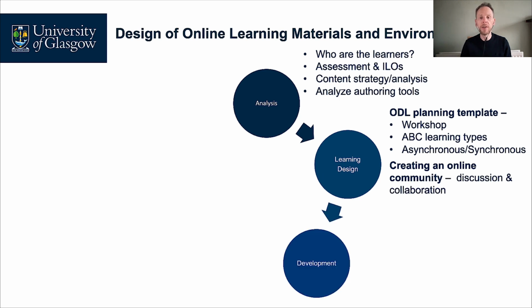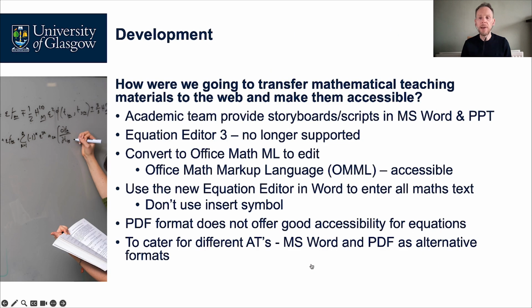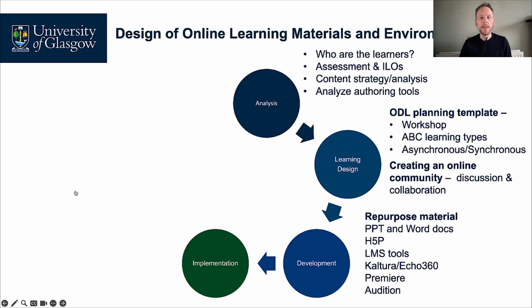The next stage was development. The academic team provided us with storyboards and scripts in MS Word and PowerPoint, and this is what we worked from. There's a lot of work involved in producing an accessible online maths course. The next stage was implementation.